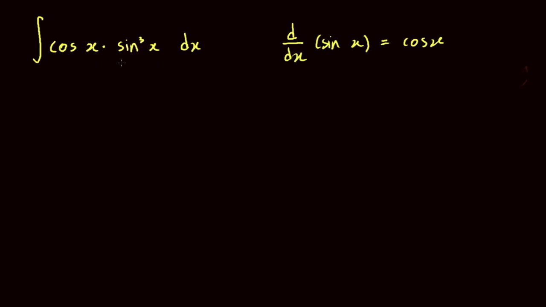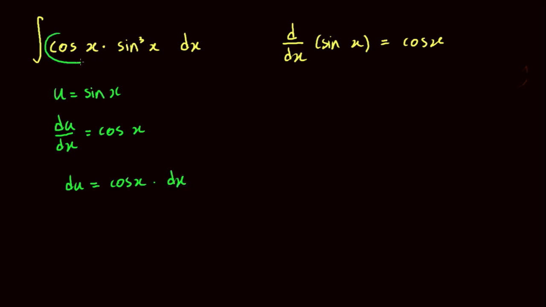We take our u as just sine x, not sine cubed x, because the derivative again is simply a cosine. And we can rearrange it as the differential of u is equal to the cosine of x times the differential of x. So there you go. It's already aligned. The stars are aligned for us, basically. Funny saying, but yeah.